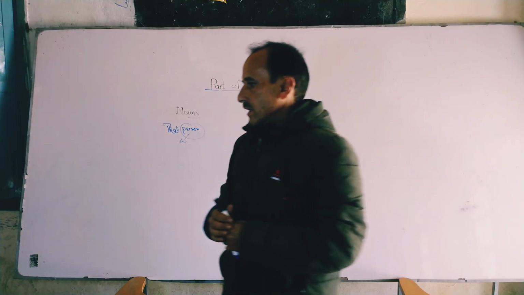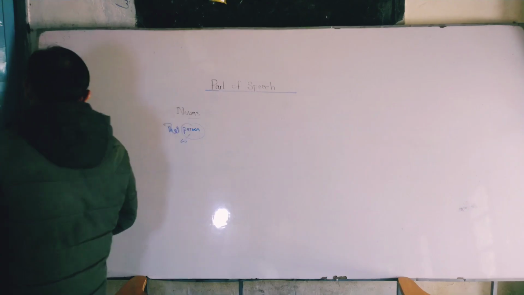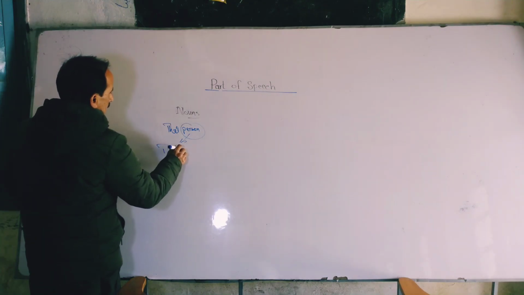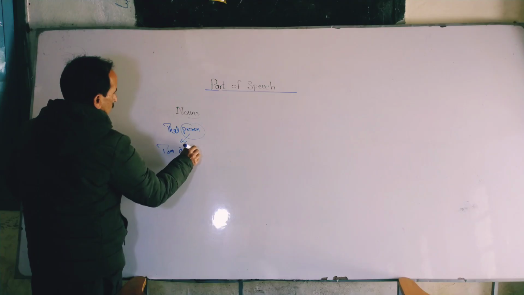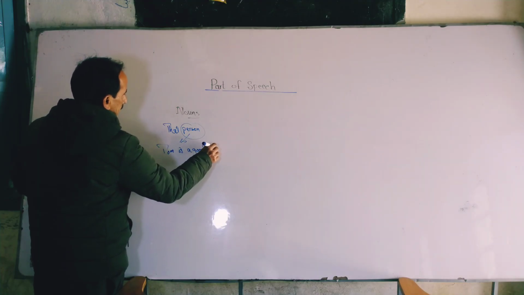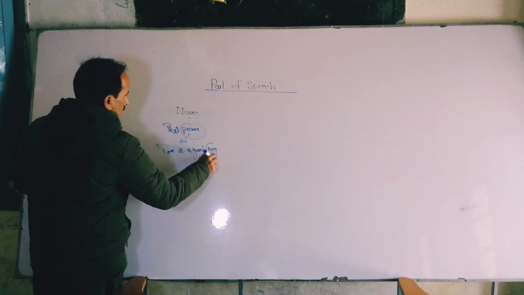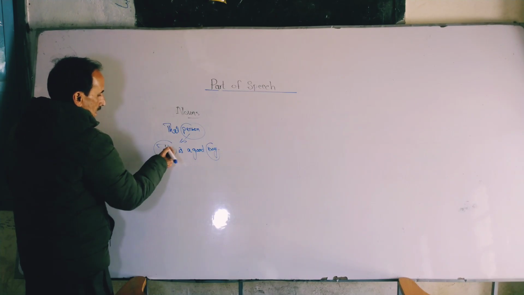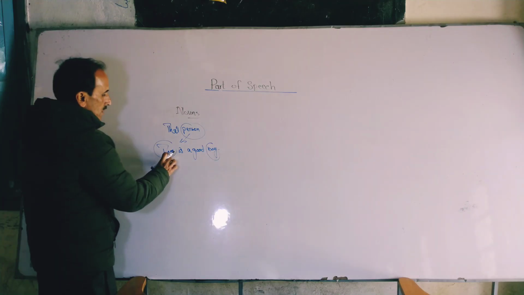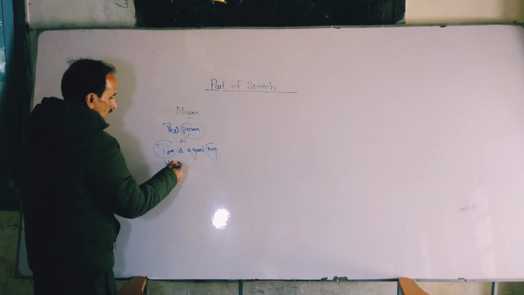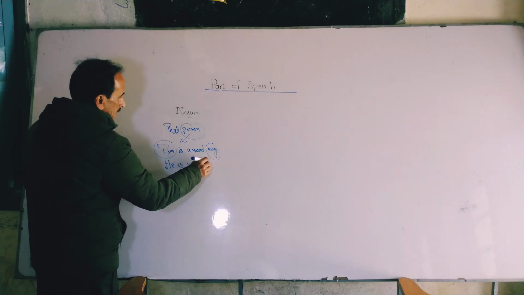For example, here is a sentence: Tom is a good boy. Now, boy is a noun, and Tom is a proper noun. In the other sentence, when we speak, in place of Tom, he is very hardworking.